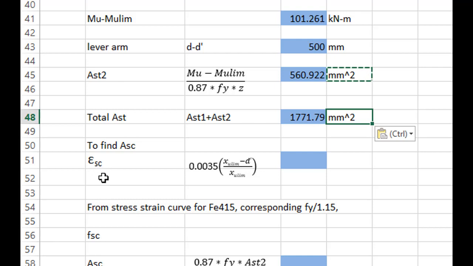So for that we have to calculate the epsilon SC, which is nothing but given by the formula 0.0035 into bracket XU limit minus D dash divided by XU limit.